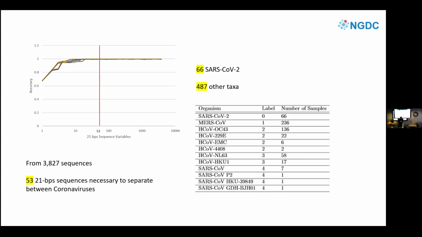So why do you take 53? Because I see that it becomes 1 earlier, or not? Well, that's why I said the graph is not as good as it could be, because there's still some variance. And the different lines in the graph are for different runs of the algorithm.